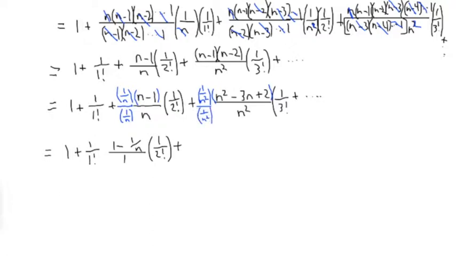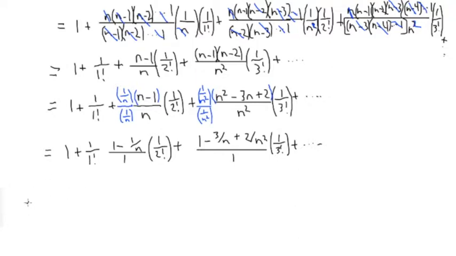What we're left with, now we multiply that 1 over n squared throughout the bracket, so we're left with 1 minus 3 over n plus 2 over n squared. And all of that is over 1, because 1 over n squared times n squared is 1. I'll close the bracket here. And then the 1 over 3 factorial is along for the ride, and plus on and on and on.